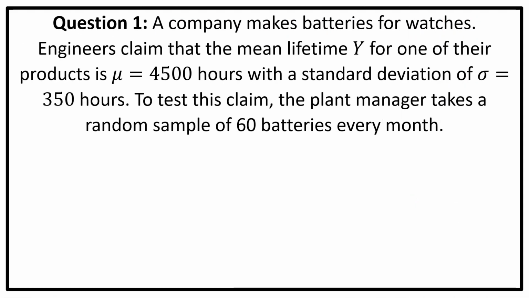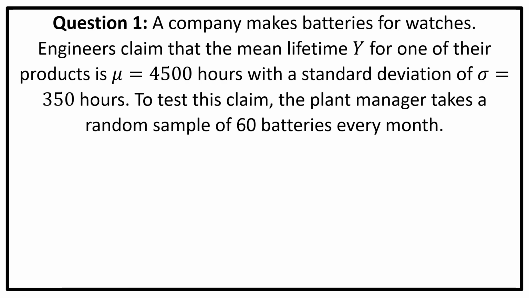Okay, so question 1. A company makes batteries for watches. Engineers claim that the mean lifetime Y for one of their products is 4,500 hours with a standard deviation sigma of 350 hours. To test this claim, the plant manager takes a random sample of 60 batteries every month. So check it out. What the engineers are providing are population values.